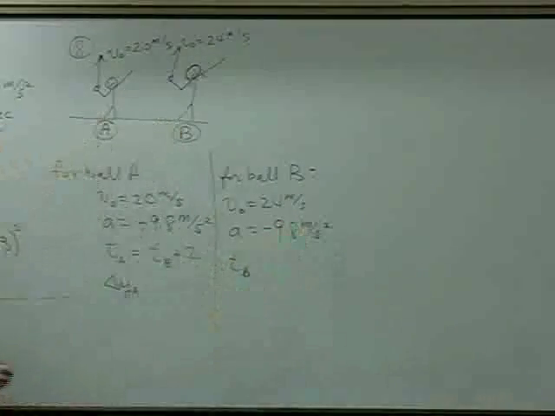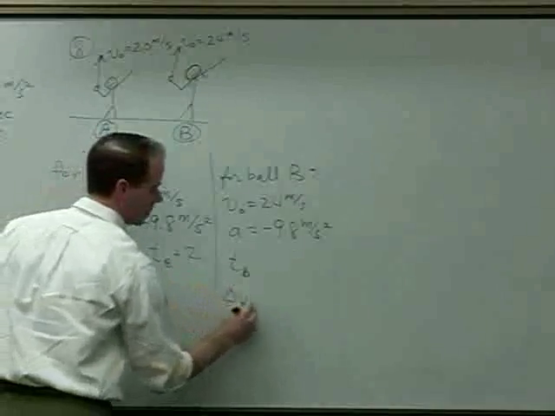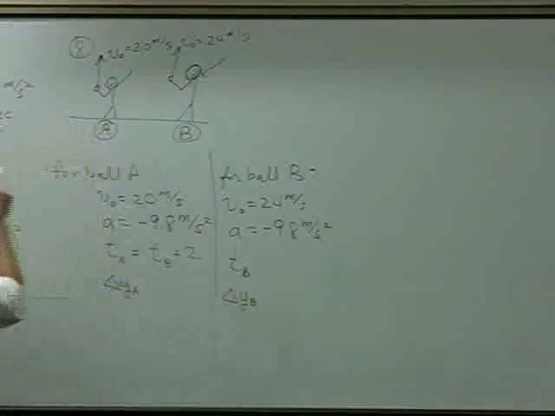Negative 9.8 meters per second squared. Displacement, delta y B. Similar type problem. When we know 2 things, we don't know a bunch of other things. However, we need one more thing to solve one of these problems.